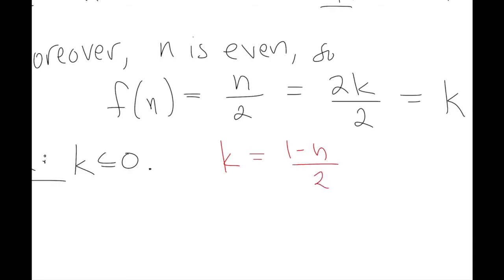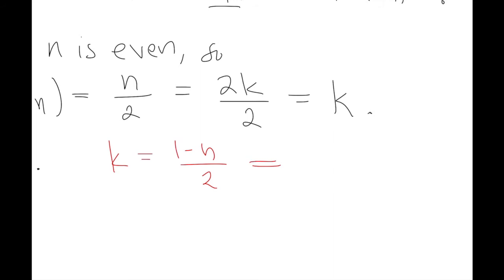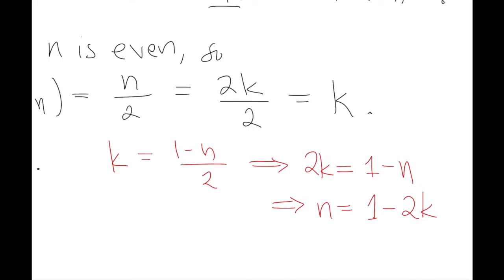Rearranging terms, 2 times k equals 1 minus n, which means, subtracting 1 and then multiplying by negative 1, that n is going to equal 1 minus 2k.